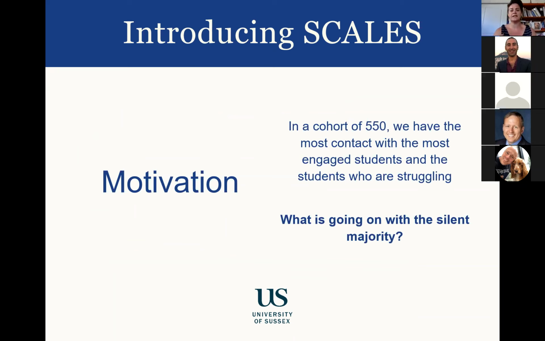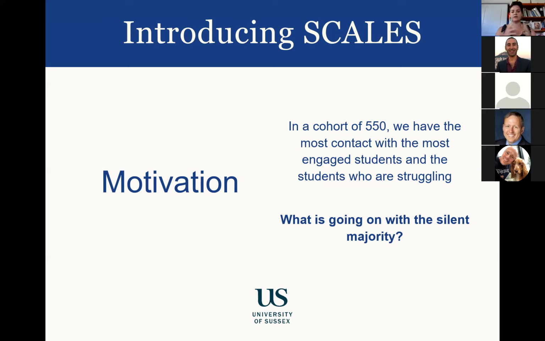Like I said, we have cohorts of about 550 students, and one of the challenges that we are facing, especially this last year, is that we have quite a lot of contact with the students who are most engaged, most enthusiastic, participating regularly, and quite a lot of contact with students who are very anxious or very behind or really struggling.